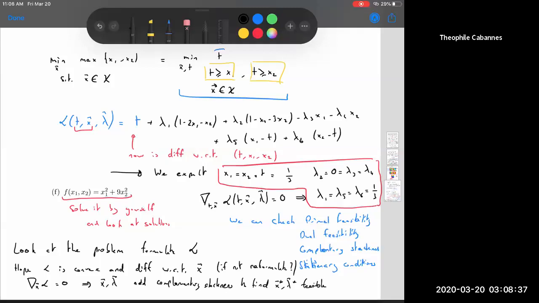And then once this is done, check again that those satisfy the KKT. So that's how you will do it.